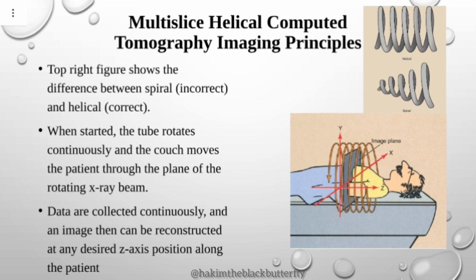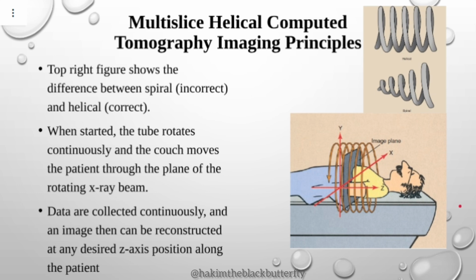But this X-ray tube and the detector must rotate around the patient to form these slices of images. The rotation can be continuous as the patient is moving. We call that helical scanning.